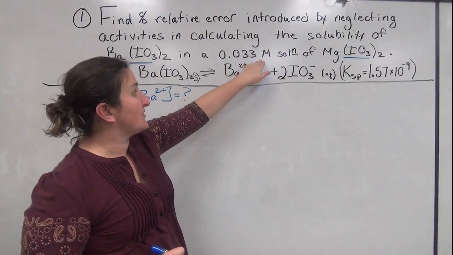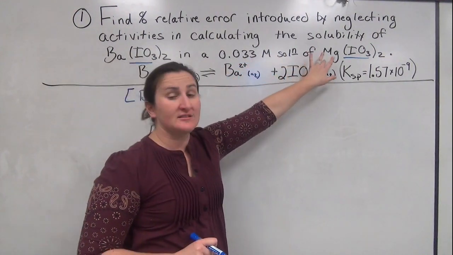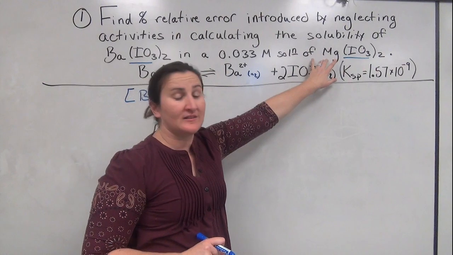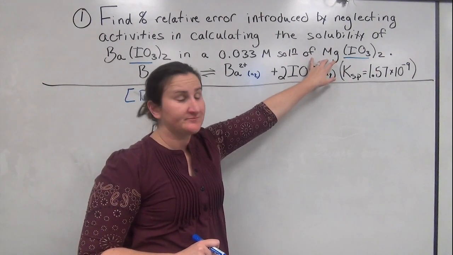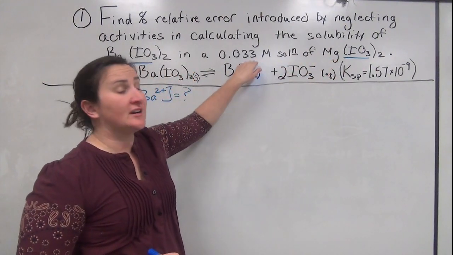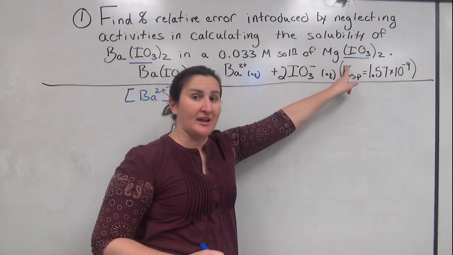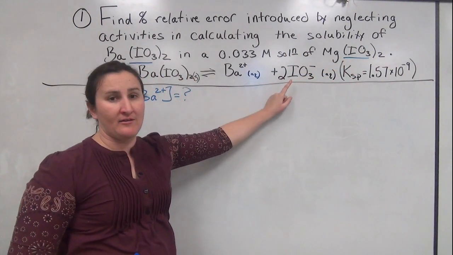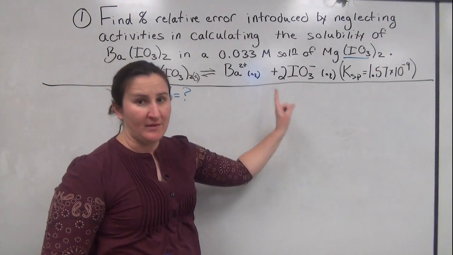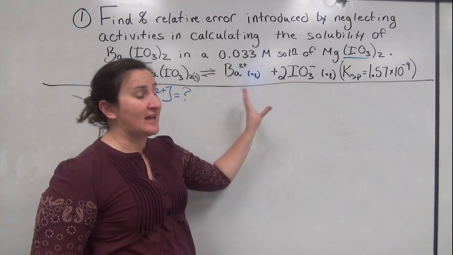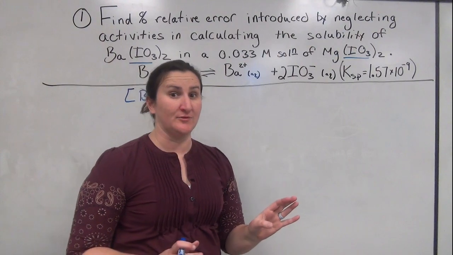But if you've got a 0.033 molar solution of our salt, we're going to assume this is going to completely dissociate. And so you're going to have a ton of iodate being produced from magnesium iodate, whereas only a small amount is going to be produced by our barium iodate. Now this is important because that's what simplifies this problem a great deal for us.